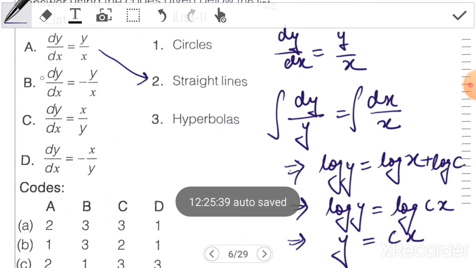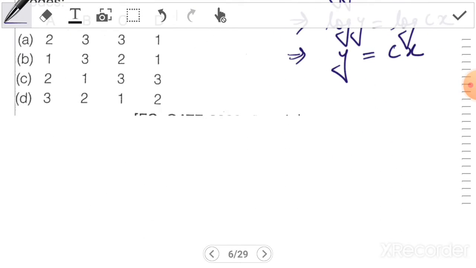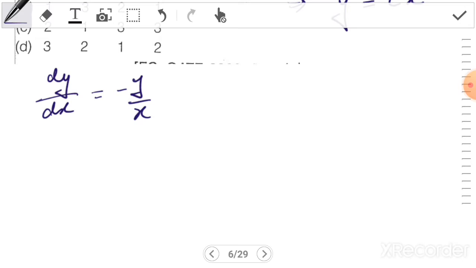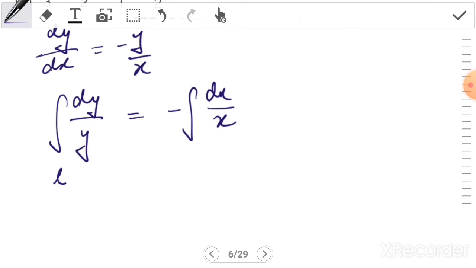Next, let us check dy by dx is equal to minus y by x. Again, we can take dy by y on the left hand side and dx by x on the right hand side. Now this is log of y is equal to minus log of x plus log of c.